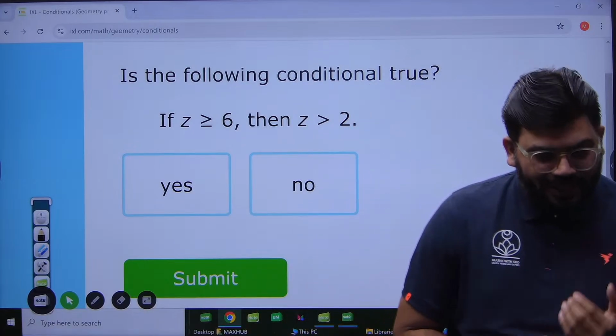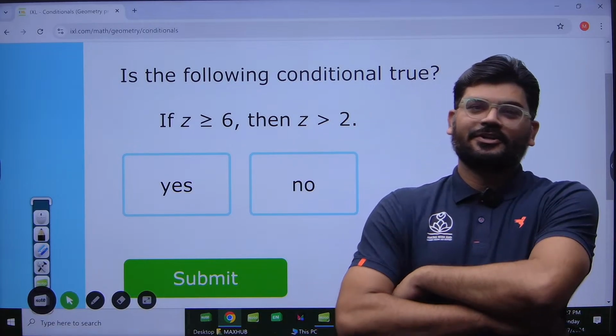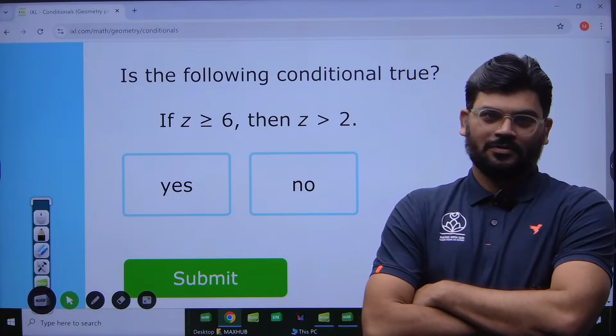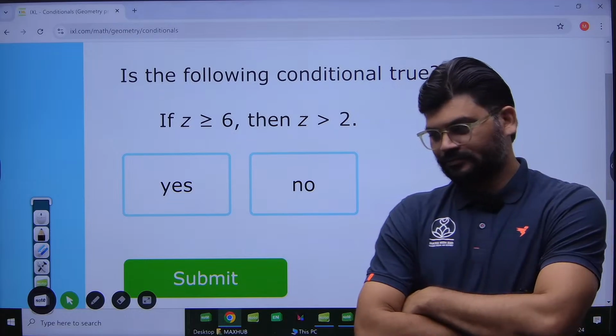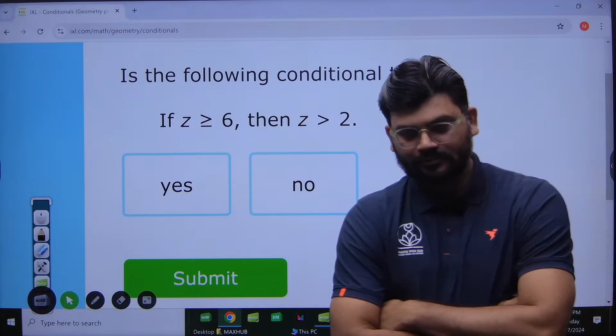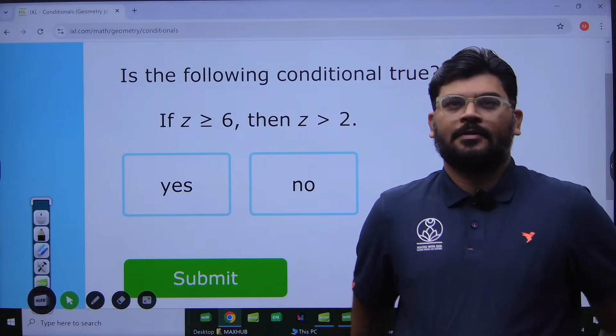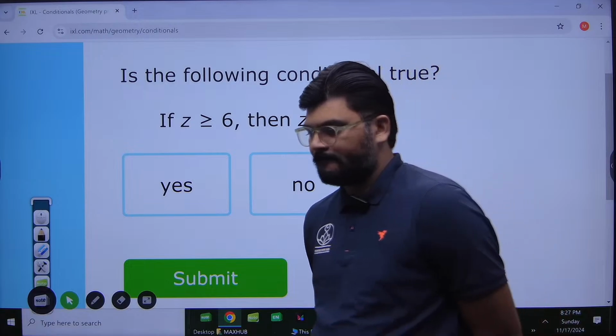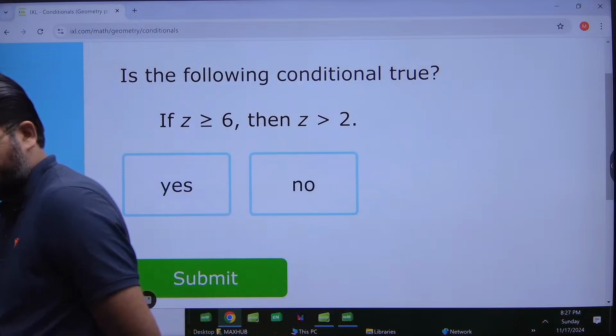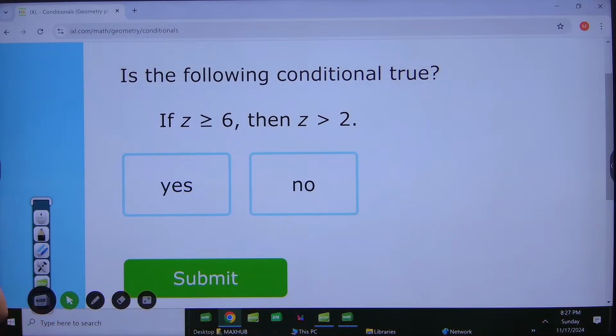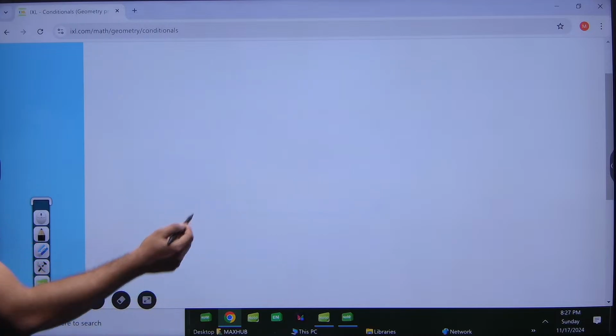If z is greater than or equal to 6, then z is greater than 2. After a long time you said yes.